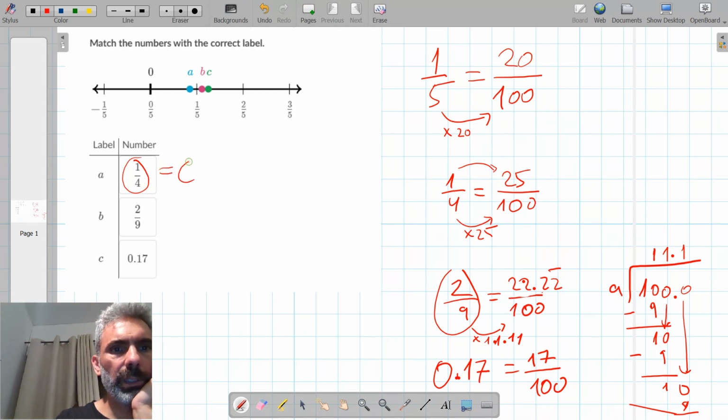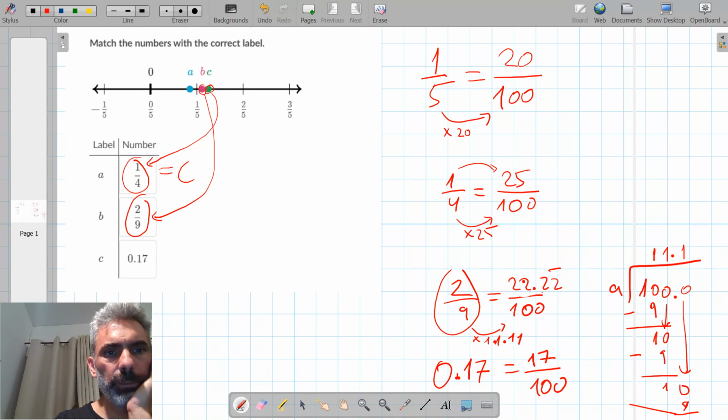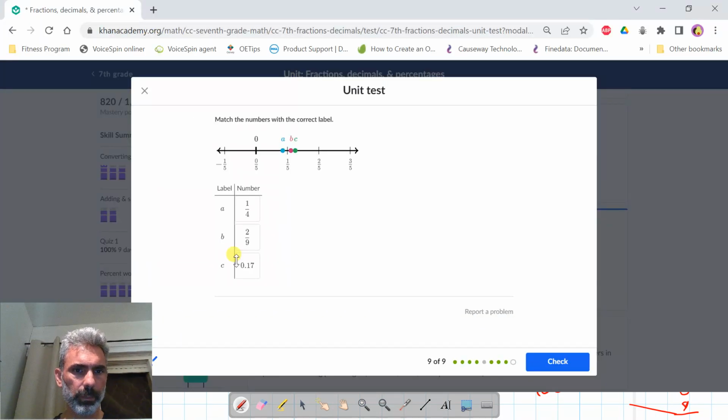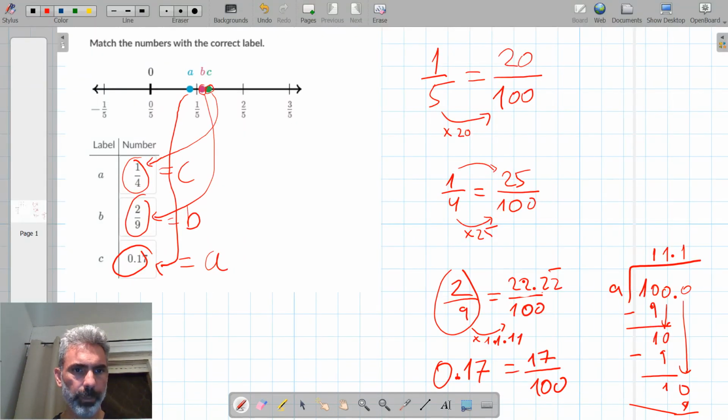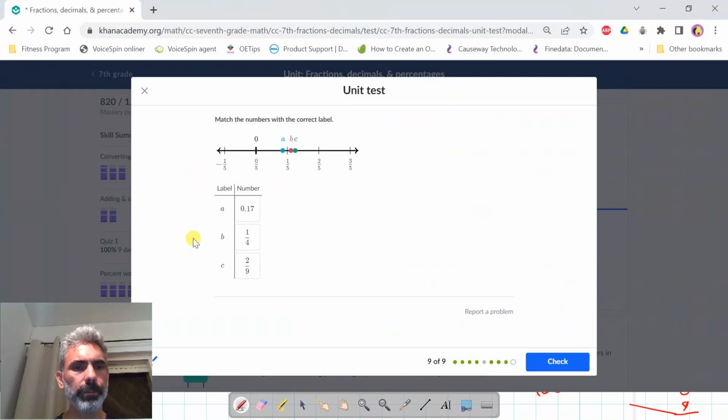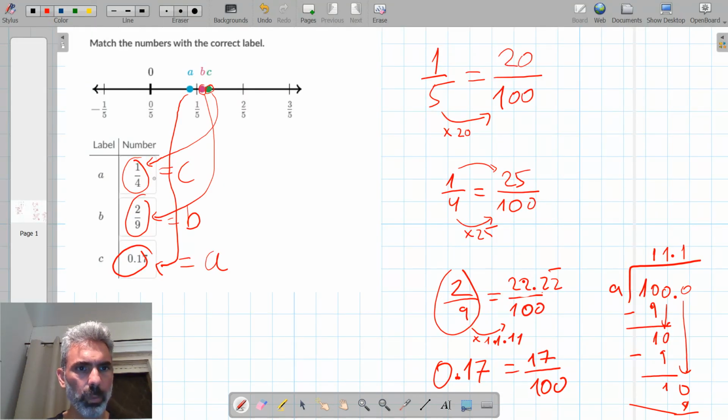So 1/4 is C. This is 1/4, and B is 2/9. And 0.17 is the only number that is less than 1/5, so this should be A. So 0.17 is A, B is 2/9, and C is 1/4.